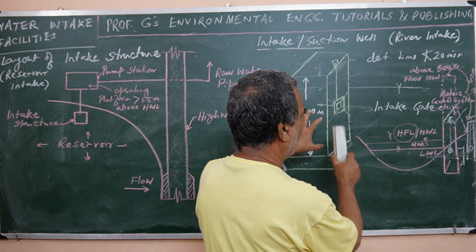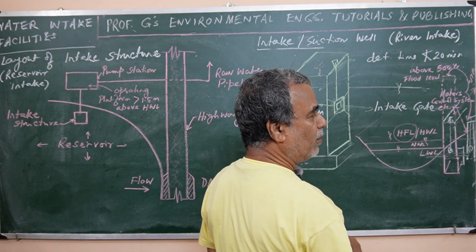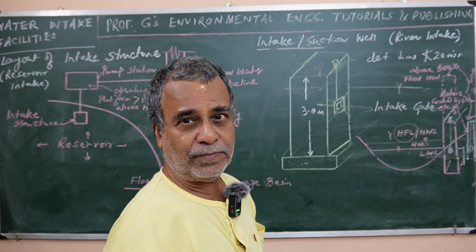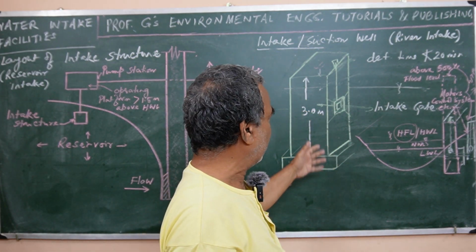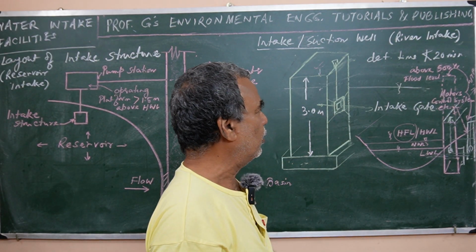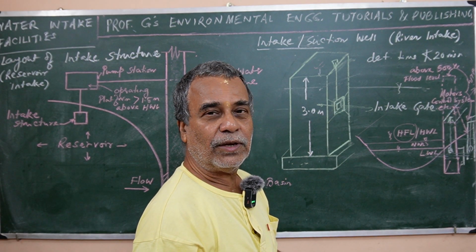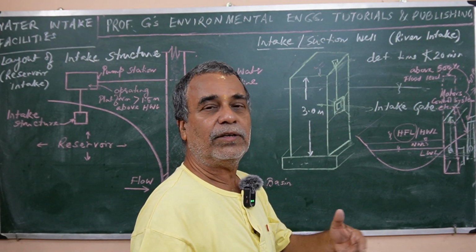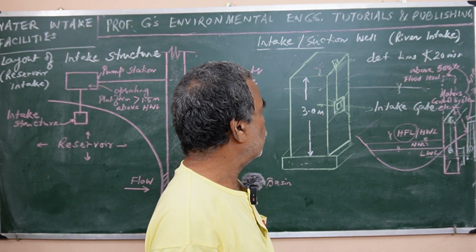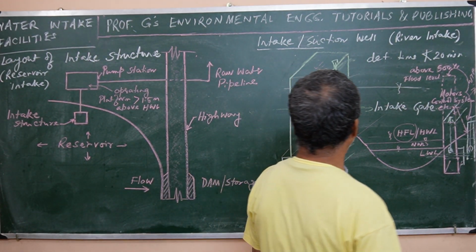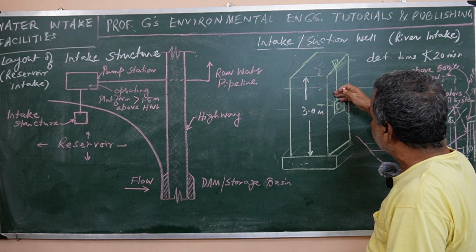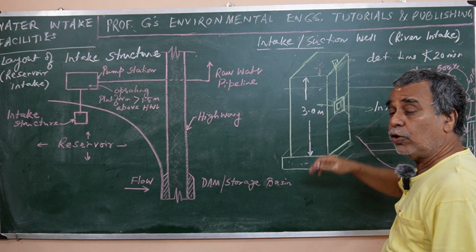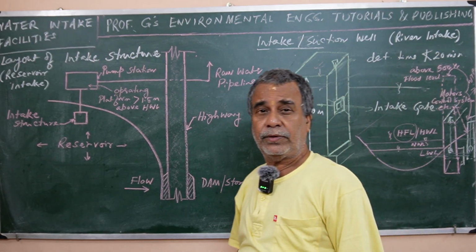So I have tried to demonstrate this with an illustrative typical diagram, through which you will understand it. You see that in different tiers this may be there, depending on your requirements.